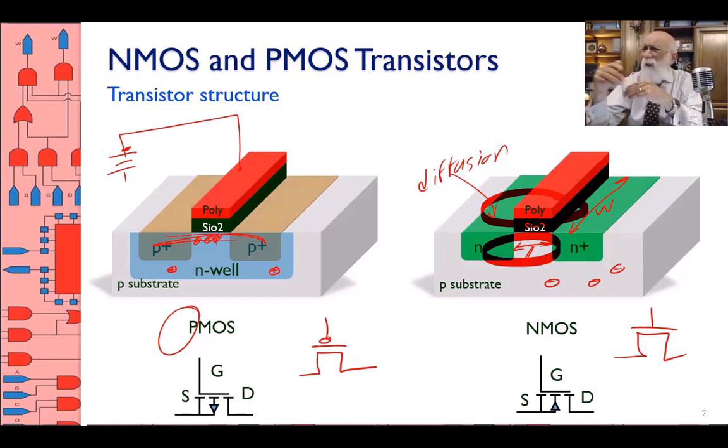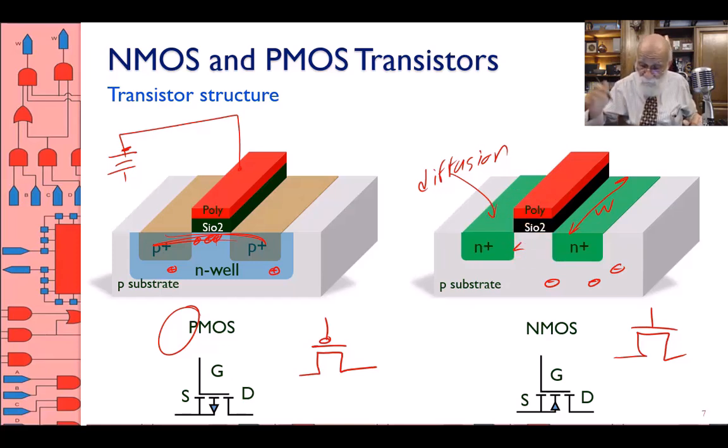What do I have then? Well, conducting, not conducting. What I have is a capacitor. Not only that, I see a capacitor here. I also see a capacitor a little bit over here, because the N on the left-hand side is conducting, and then the poly is also conducting. So there is a little bit of area where there is a capacitance here as well. Also, there is a capacitance here as well.